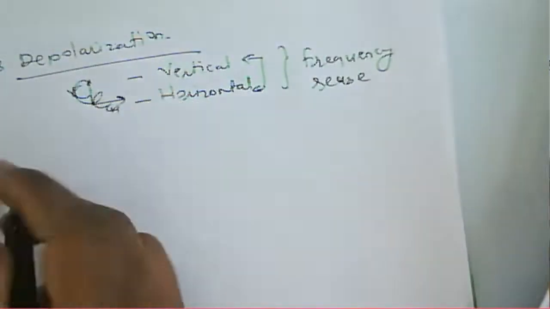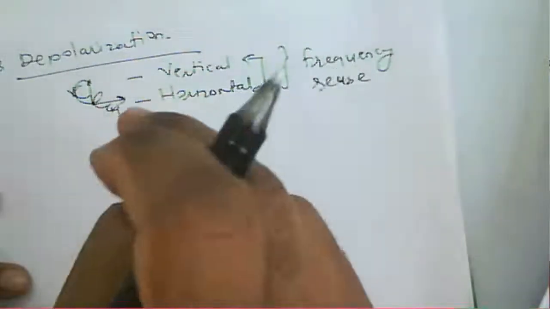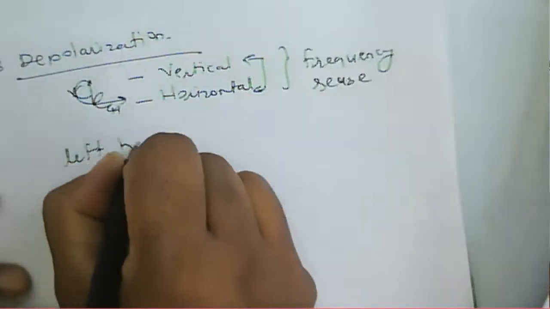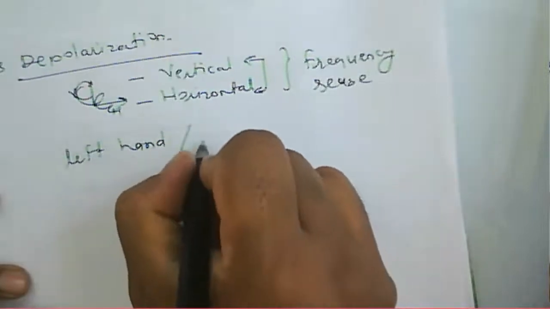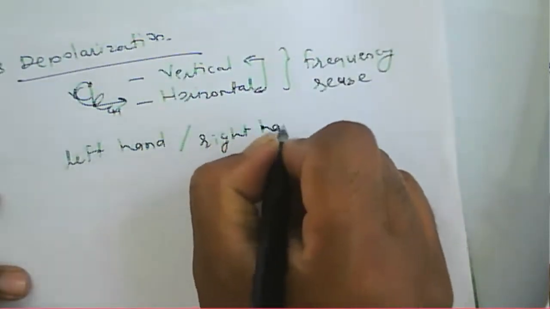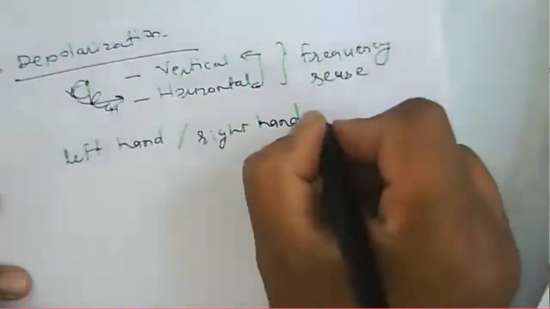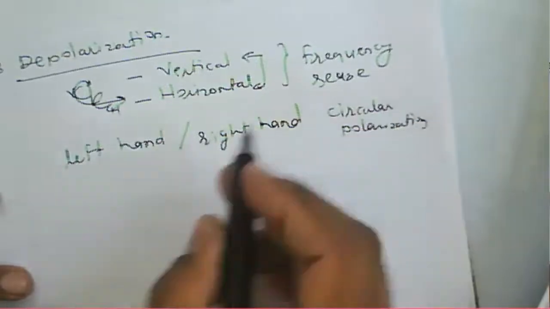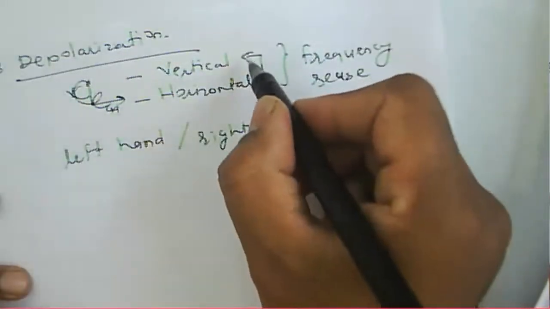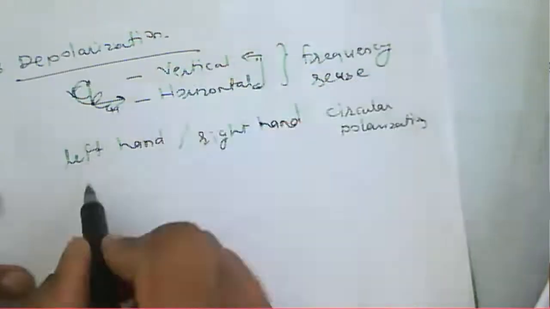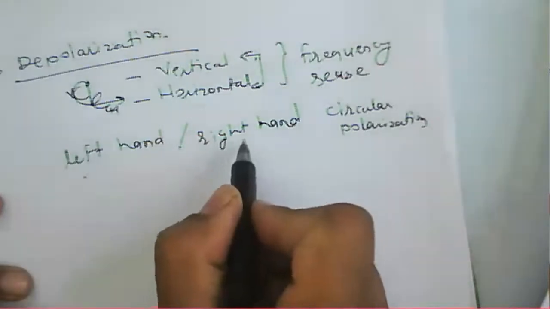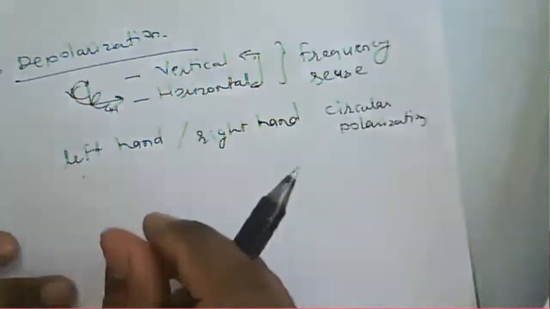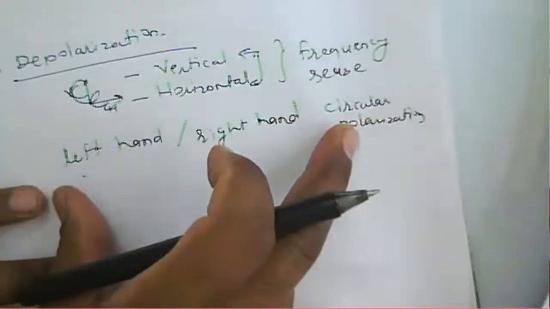Or we can use left hand and right hand circular polarization. So we can use two techniques: either both horizontal and vertical polarization in the same frequency band, or left hand and right hand circular polarization. Both techniques enhance the channel capacity of a satellite.